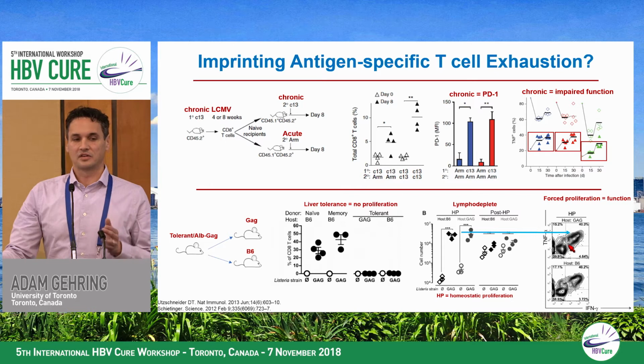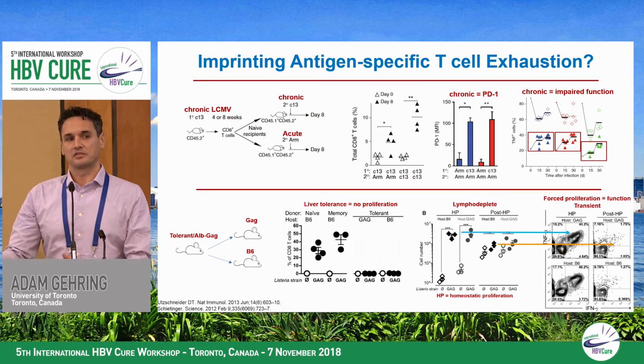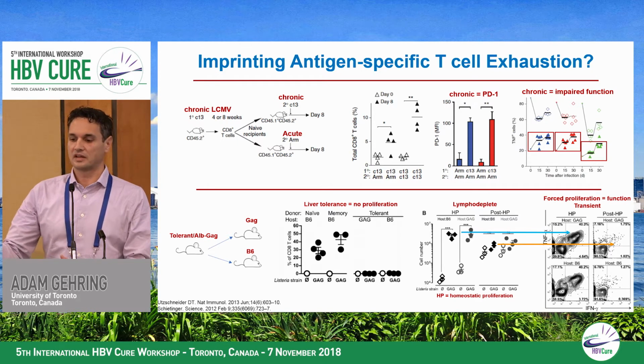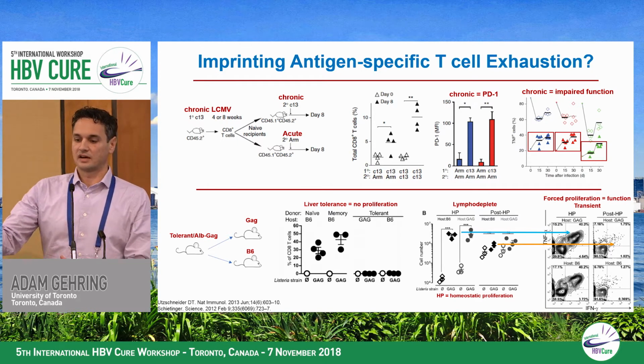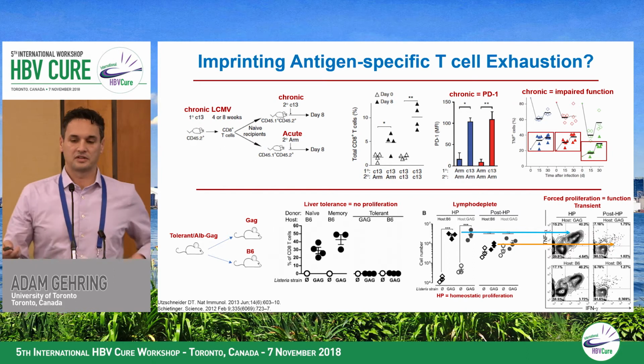So even though they were tolerant when they went in, they filled that niche, and then they became functional. But if you waited until after the homeostatic proliferation came to an end, the cells had re-entered a resting state, and you can see that tolerant phenotype was reimposed on the T cells. So that meant that the restoration was transient, only during the time of proliferation.